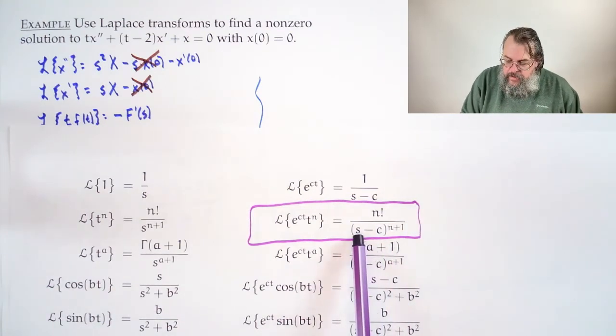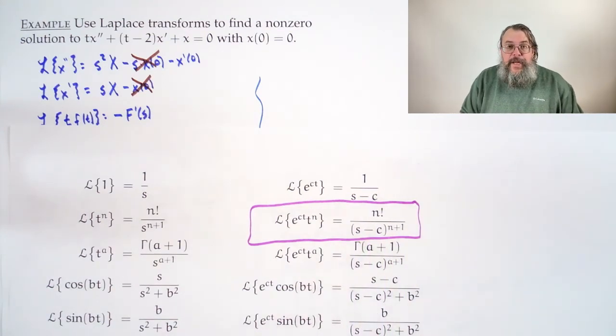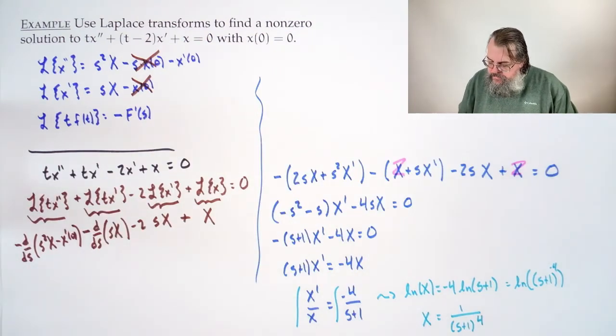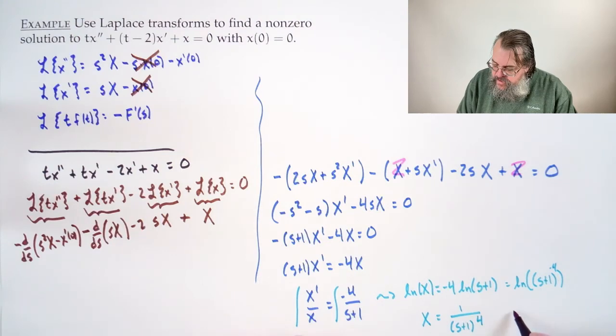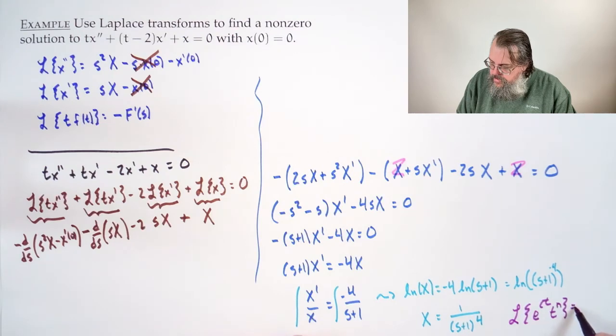Because we have s to a power in the denominator. Okay, so we'll write that down for reference by the side. So we have the Laplace transform of e to the c t, t to the n is n factorial over s minus c to the n plus 1.